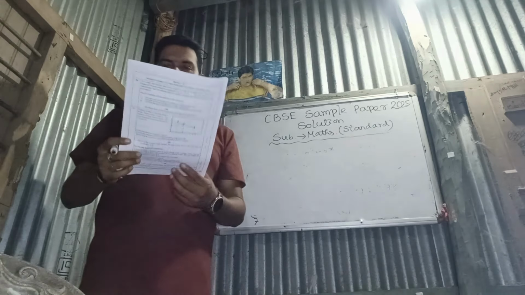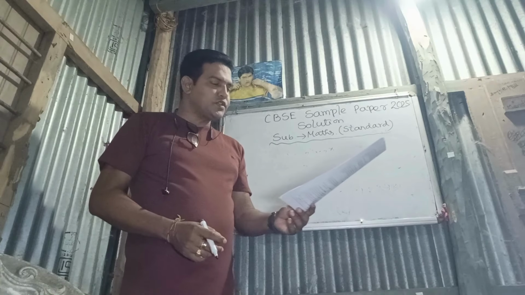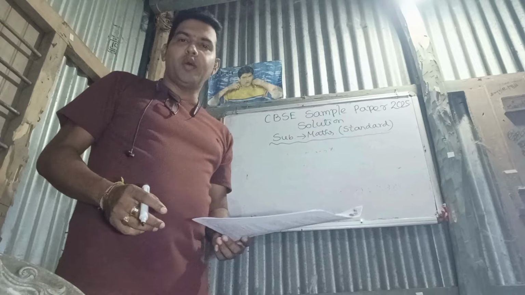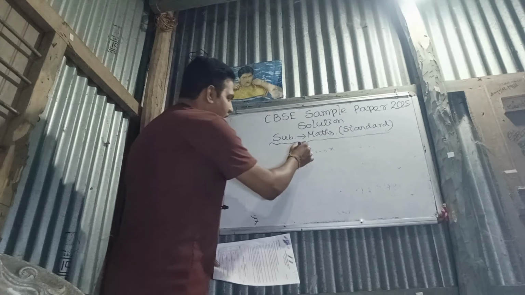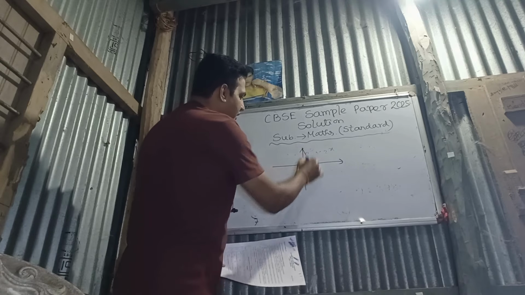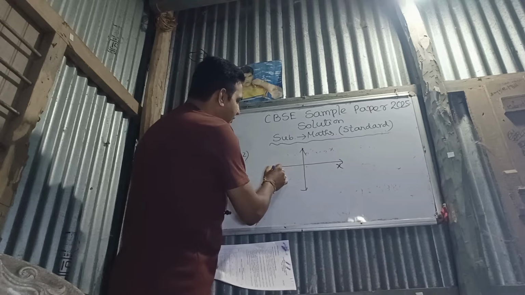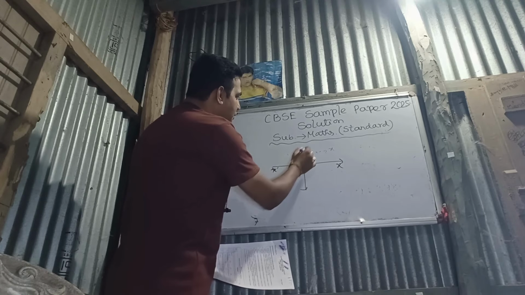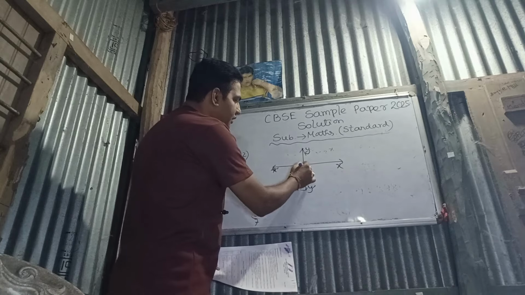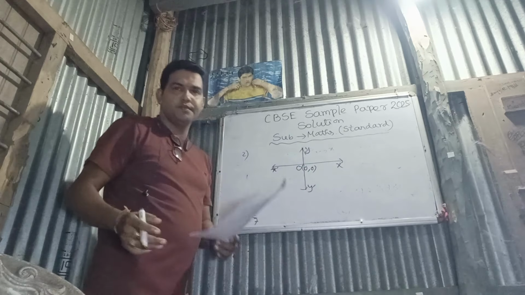Now we have moved to the second question, that is the shortest distance in units of the point 2, 3 from the y-axis. So let us consider a Cartesian plane, x and y are two mutually perpendicular axes. They meet at origin whose coordinates are 0, 0.